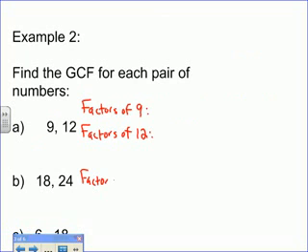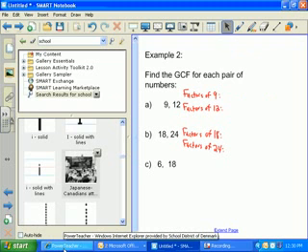And then write out the factors of 18, the factors of 24. I'll tell you what, we'll skip this bottom example. We'll just do those two examples.